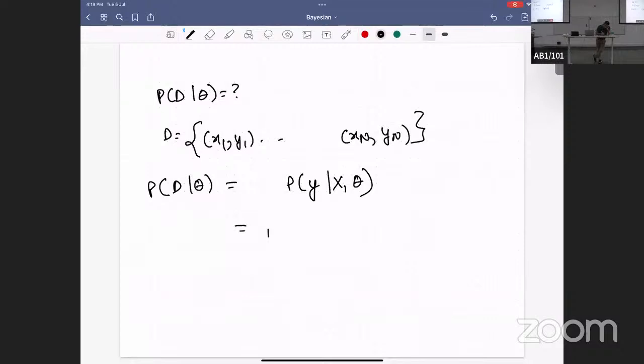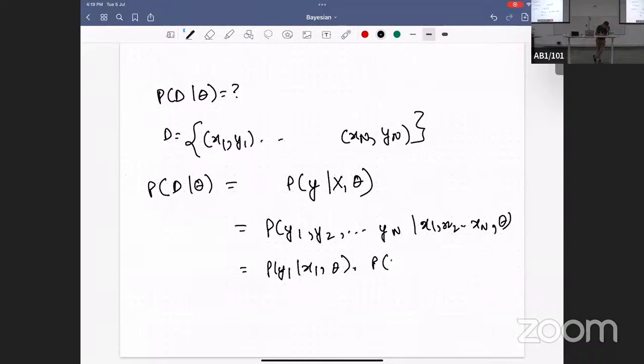Now we can further break this down as y1, y2, ..., yn given x1, x2, ..., xn, comma theta. And because of the IID assumption, we can write it as probability of y1 given x1 comma theta, probability of y2 given x2, so on and so forth, yn given xn and theta. Right? Does everyone agree with this particular line?